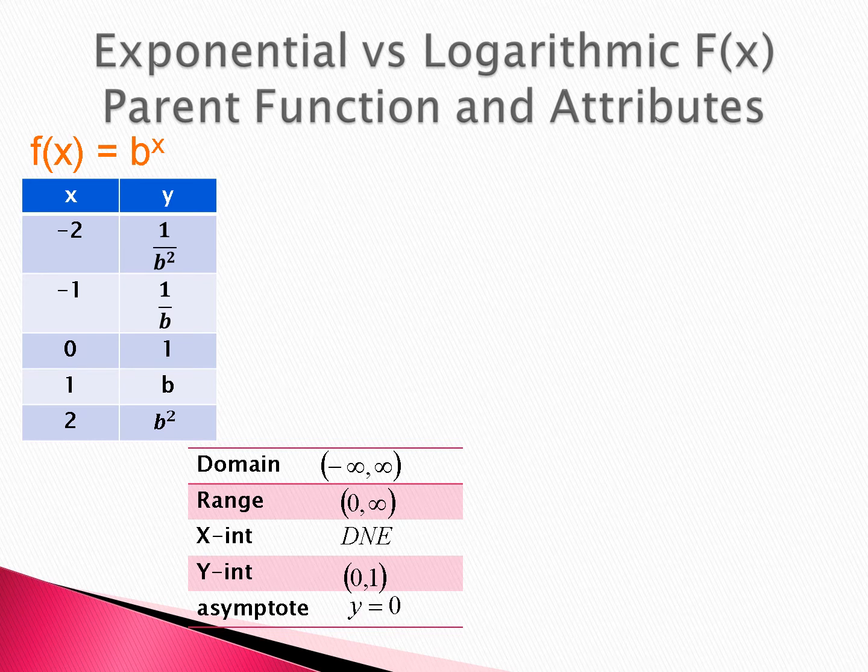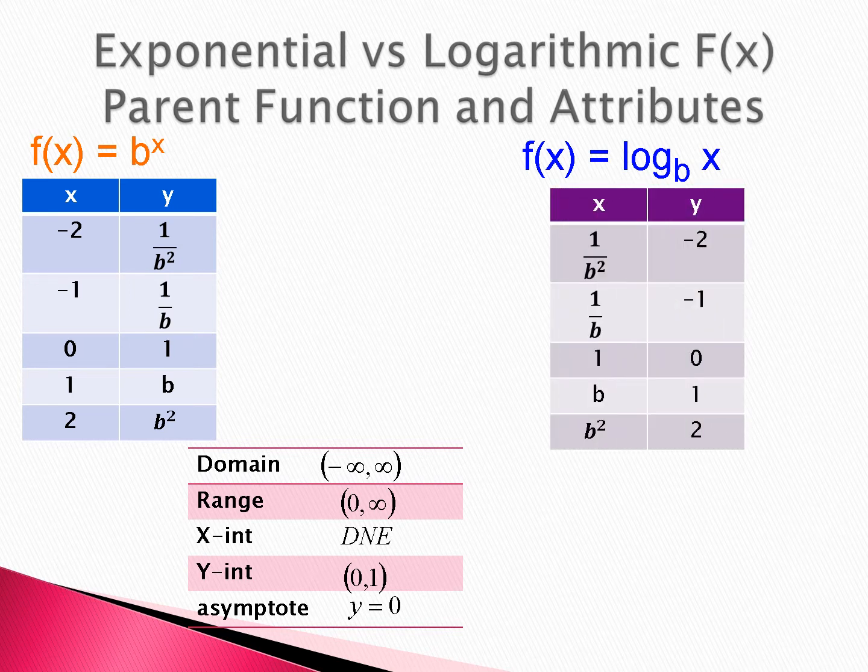Now, given the fact that you know that logarithms are the inverse of exponentials, guess what we're going to do? We are just going to flip-flop all the x's and y's. So here is your parent function for the logarithms, f of x equals log base b of x. Same thing we looked at back in the part 1 video. So if it's the inverse of b to the x, our table is going to just flip.